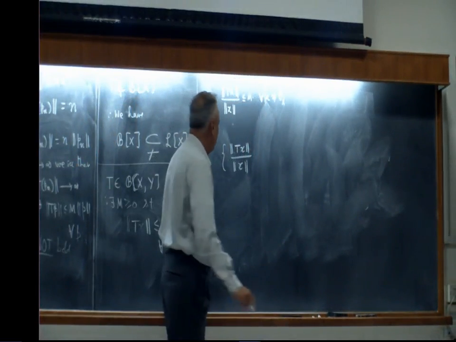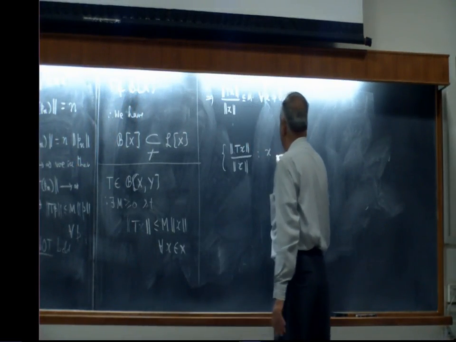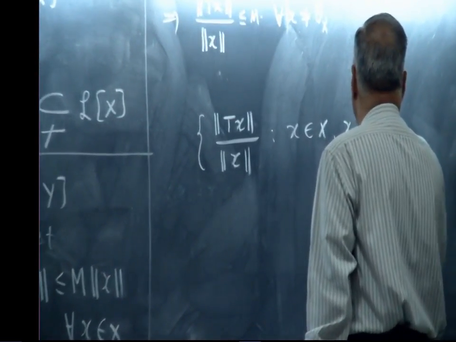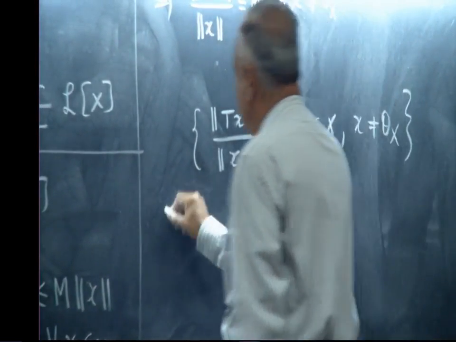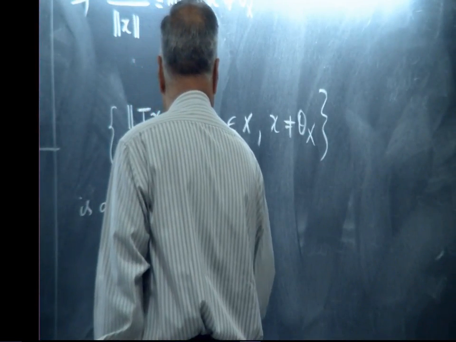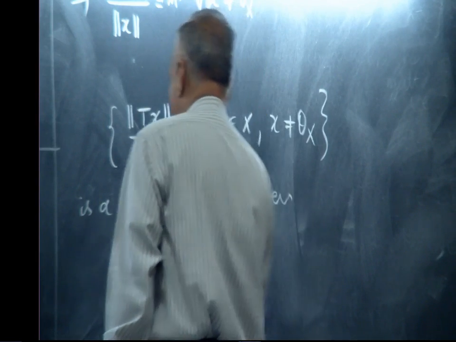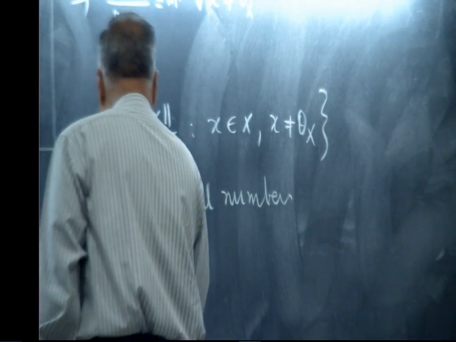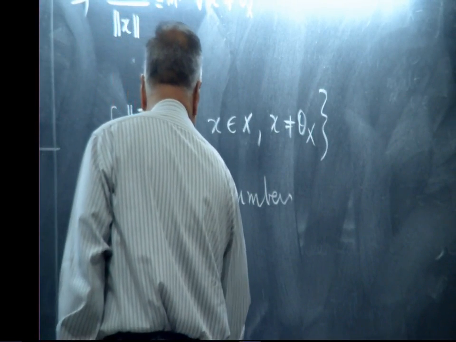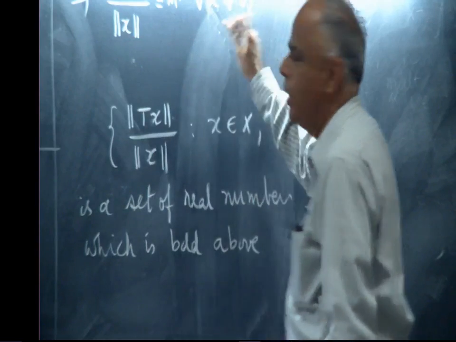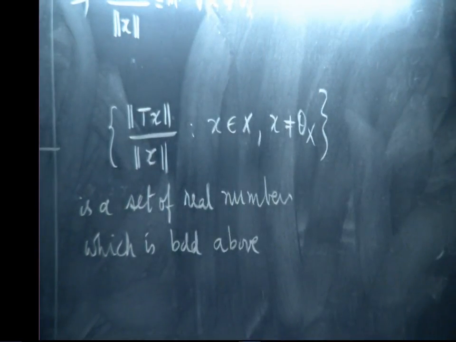So therefore, as x belongs to X and x is not 0, this is a set of real numbers which is bounded above. I am interested in the bounded above part here, because that ratio is bounded above.